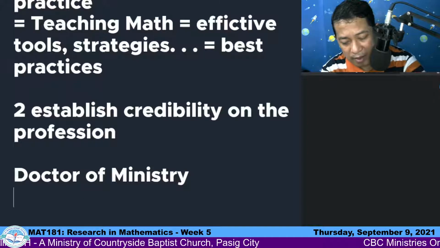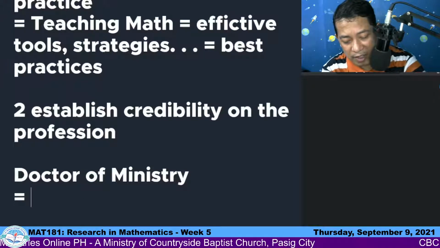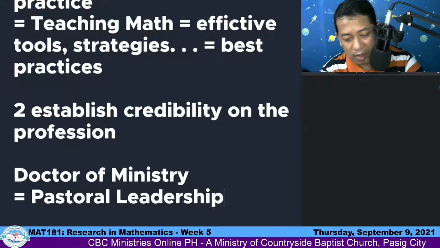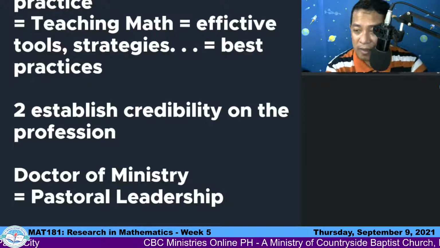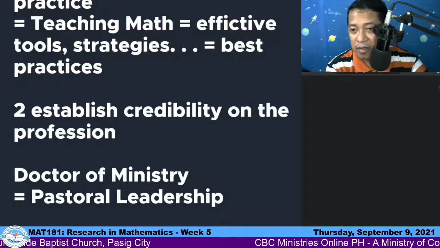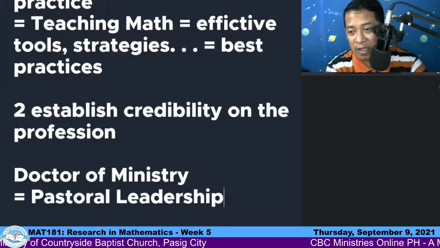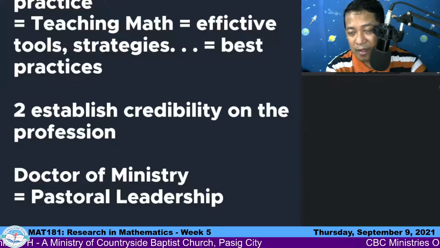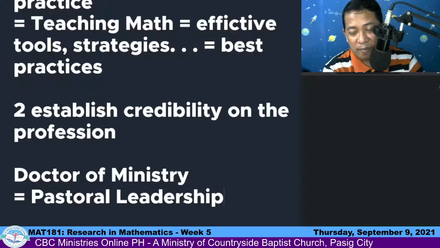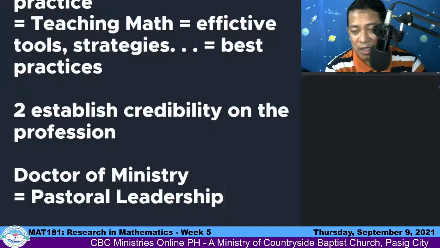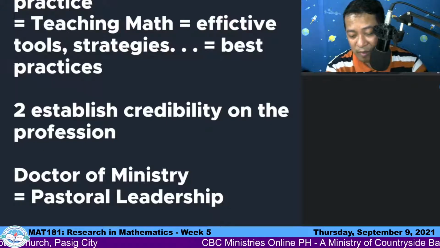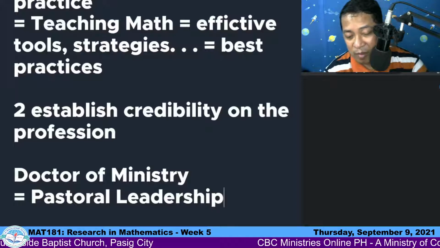In the ministry program, my specialization is in pastoral leadership, because I developed particular variables, and the relation of these variables: what are the responsibilities that should be the main concern of a pastor, and then secondary and intervening variables. So may mga ganyan tayong mga na-discover dun sa research.